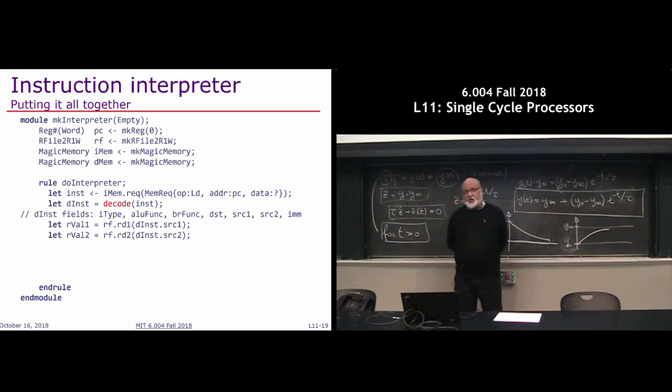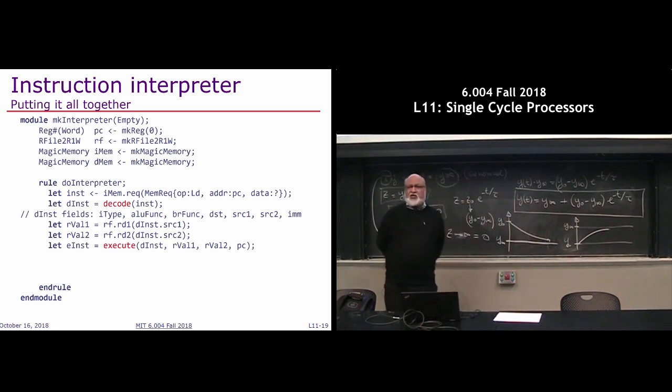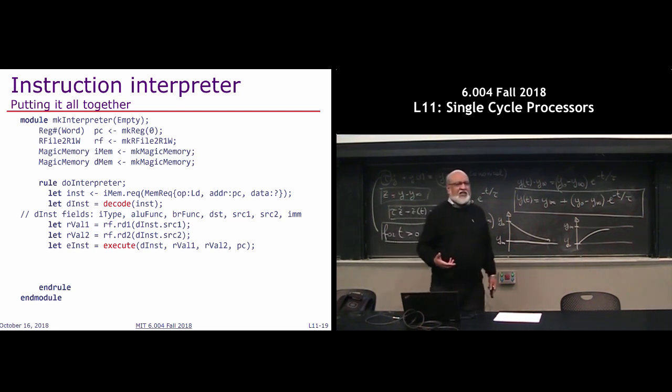That has given me two values, val1 and val2, that came out of the register file. Now I pass everything to the execution unit. I'm giving it the two values I have just read from the register file, the decoded instruction, and PC also I pass in.